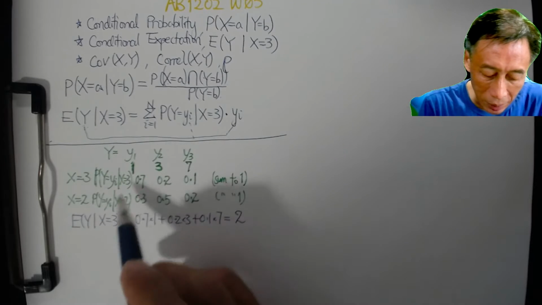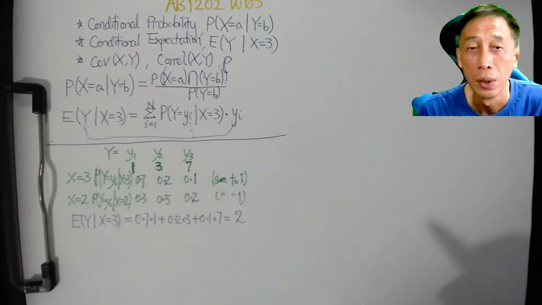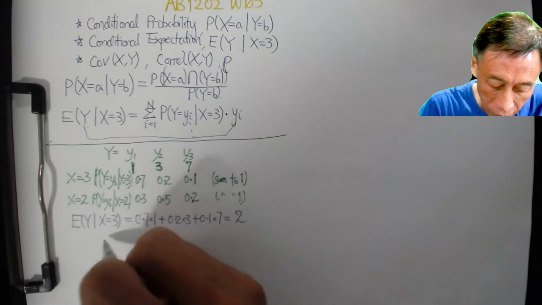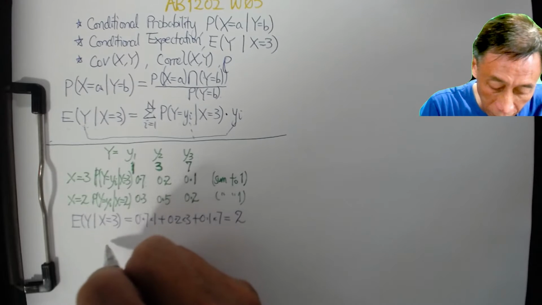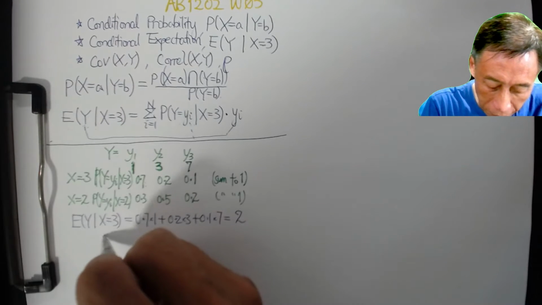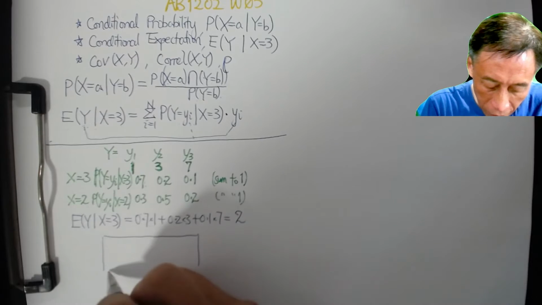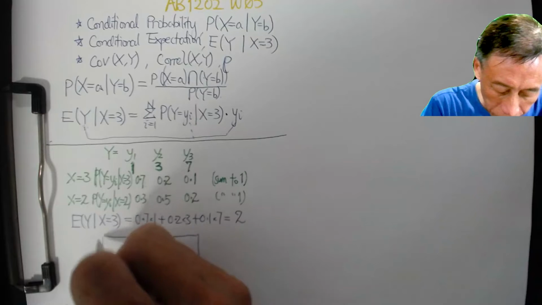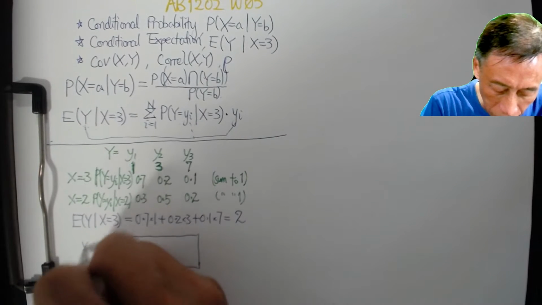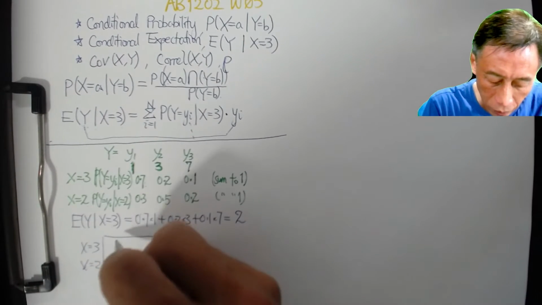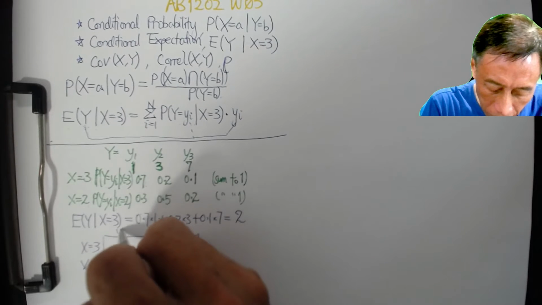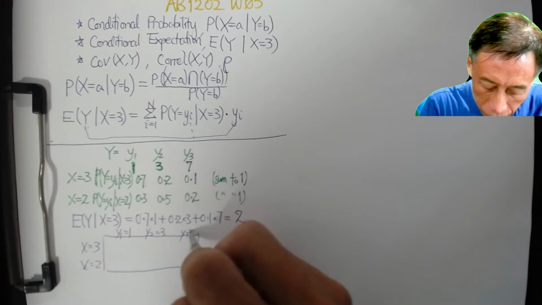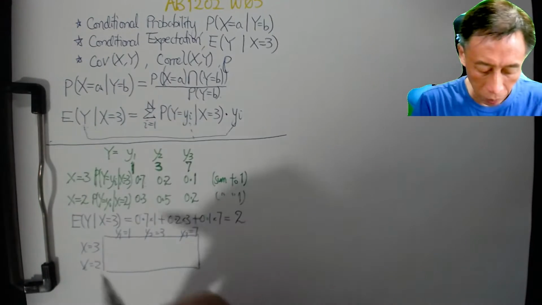And what does it mean when we have these situations? So now what I want to do is to reconstruct the probability values. What that means is that I have a table, with x equals 2, x equals 3, and then of course the y values, y1 equals 1, y2 equals 3, y3 equals 7.